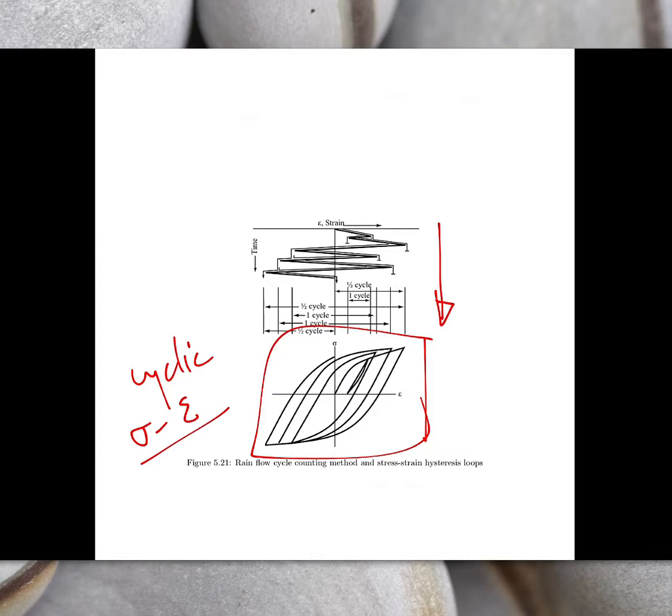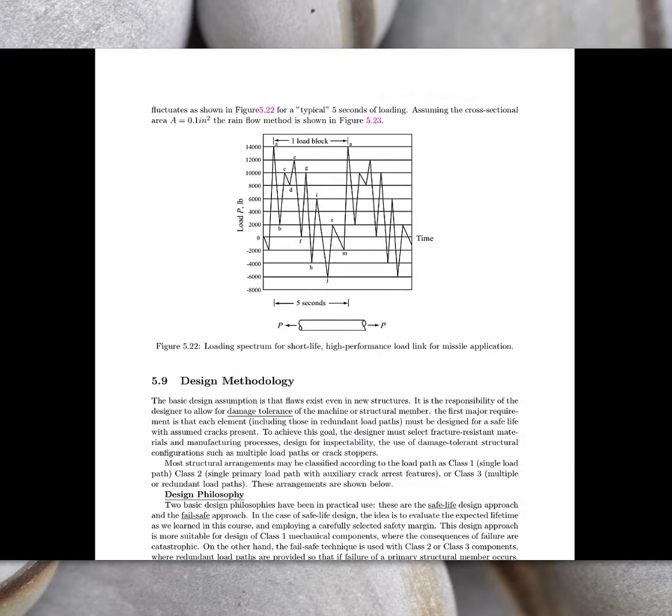So these are kind of the more accurate rules that we have, and I have an example here of a rod used in missile application, and it's under load, and the load varies, as you can see, from A to B, C, and so on. It goes in blocks.